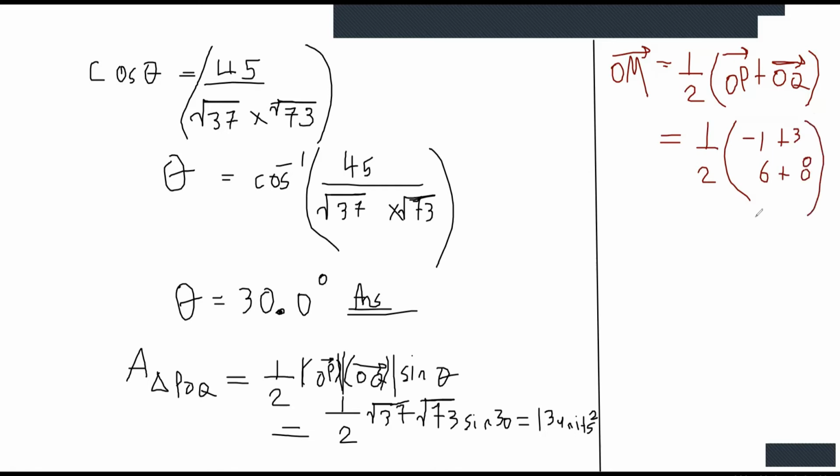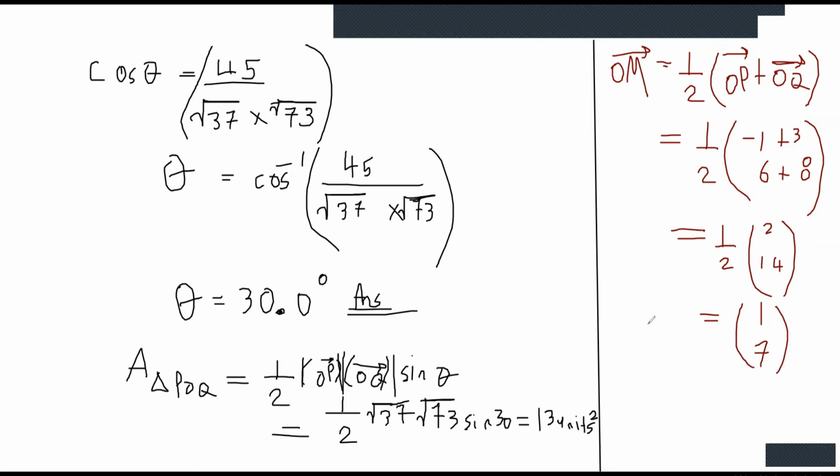Guys, see, just from the sketch I could tell you 1, 7 at a look. Negative 1 plus 3 is 2, so it's a half of negative 1 plus 3, which is 2, and 6 plus 8 is 14. Half of 2 is 1, half of 14 is 7. So you get 1, 7.